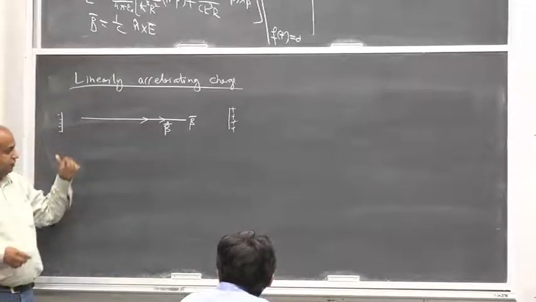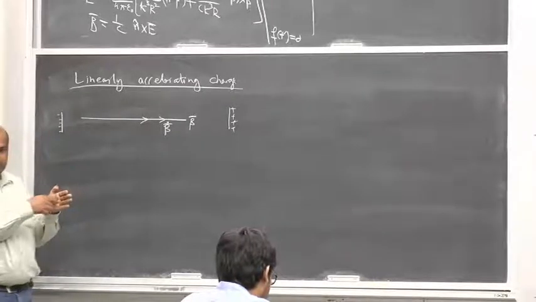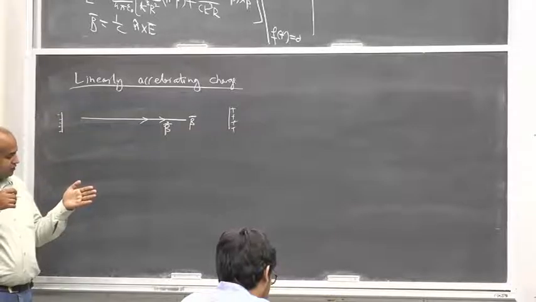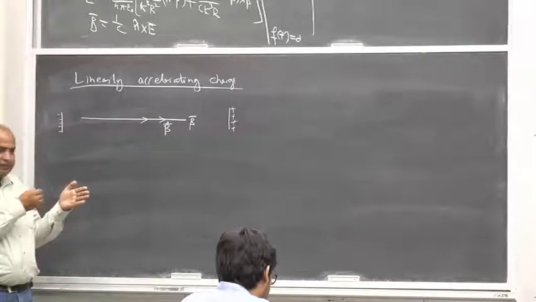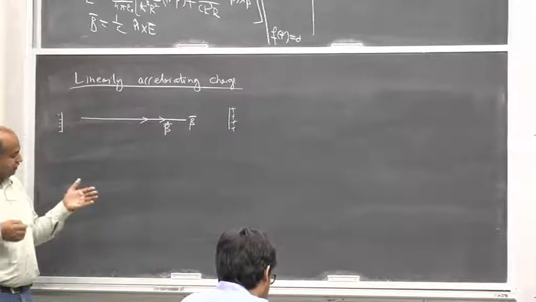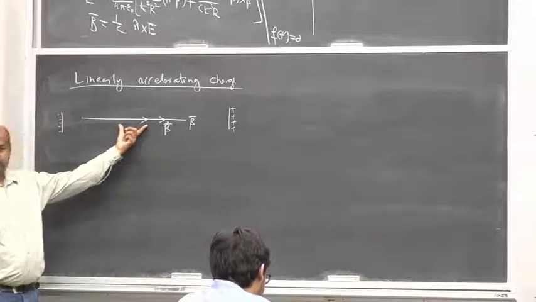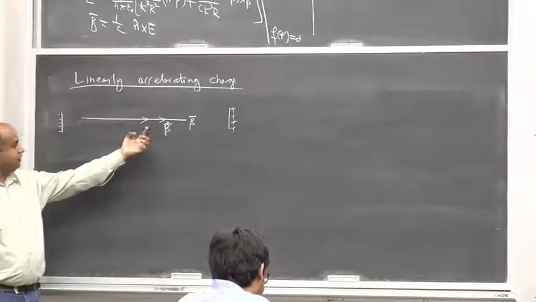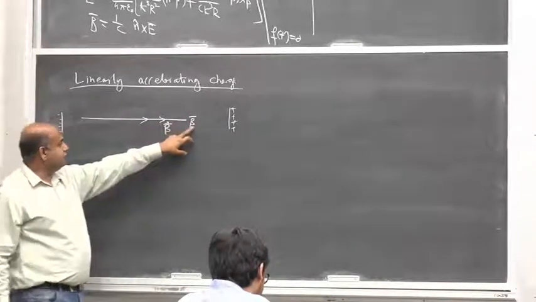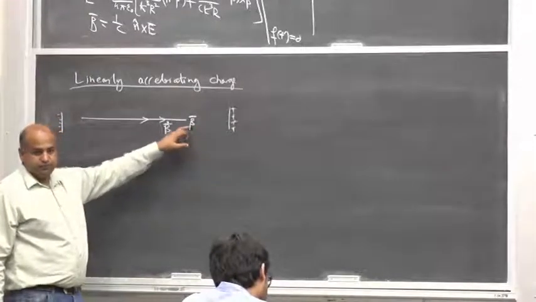For example, you are shooting alpha particles or other fast moving particles on a metallic target. So when the particle reaches close to the metal, it decelerates before reflecting back. So that phase when they are decelerating is also a situation like this, where deceleration is in the same direction as the velocity.